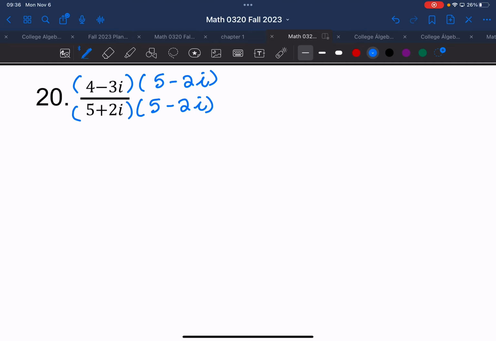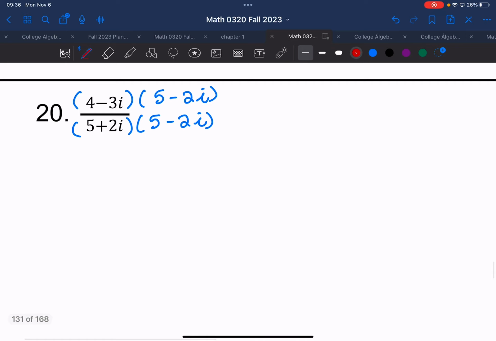FOIL. So that's what we're going to do. So foiling the top, we have 4 times 5, which is 20. 4 times negative 2i, which is negative 8i.